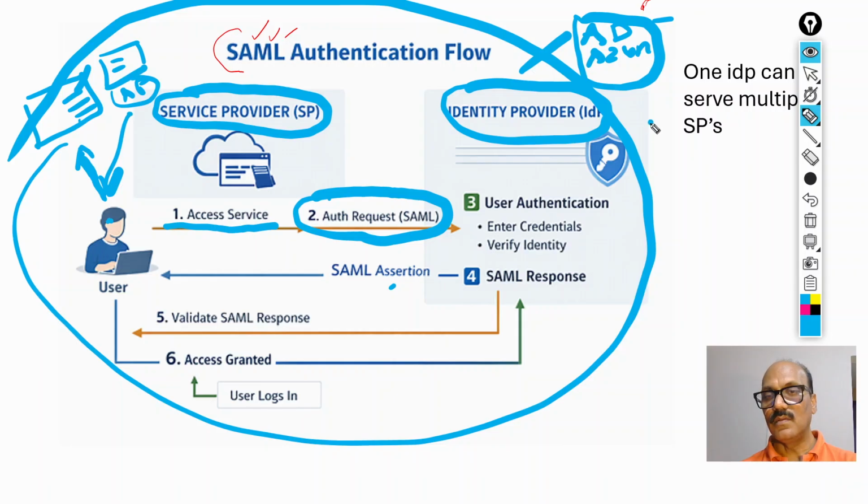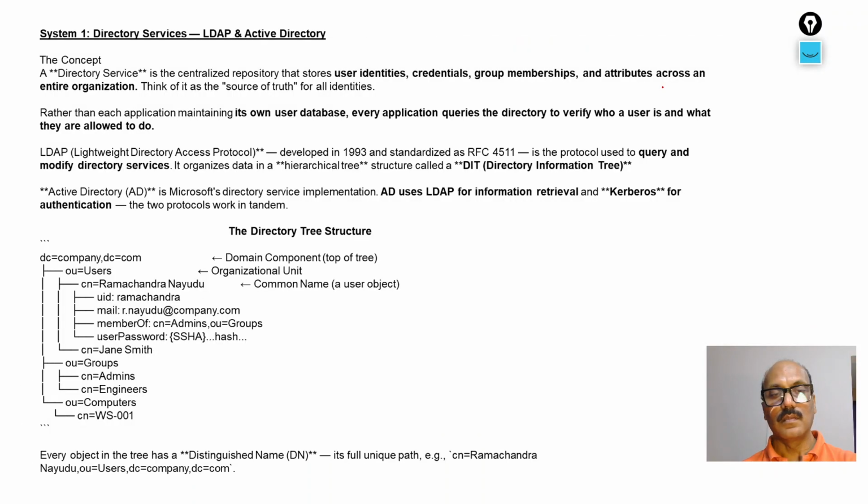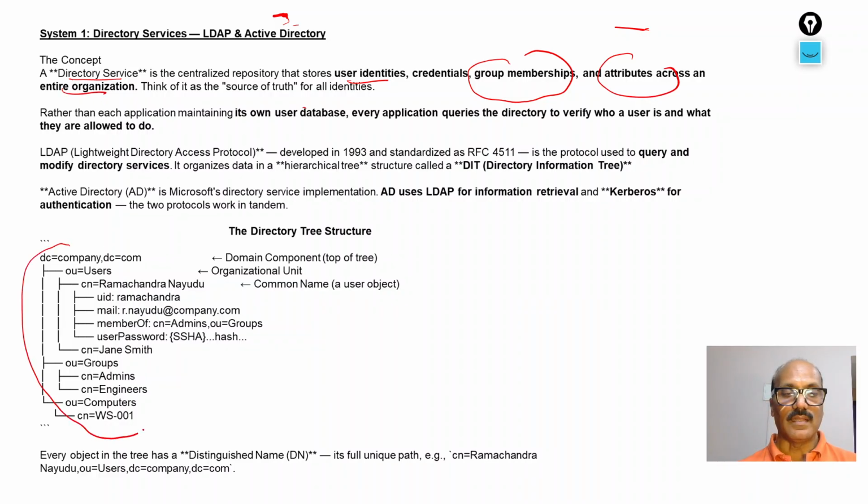Let me quickly show that. See, the directory service holds user identities, to which group the user belongs, and attributes across the entire organization. It is arranged in a hierarchical fashion so that you can identify the user.